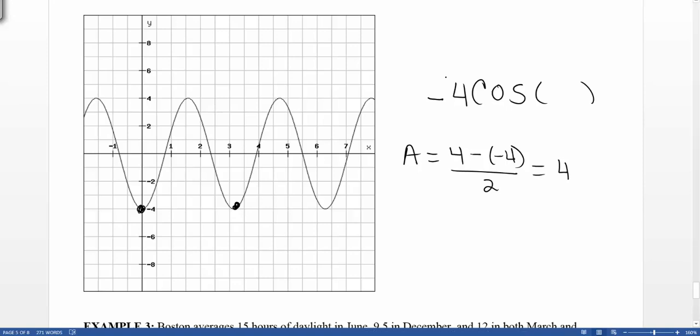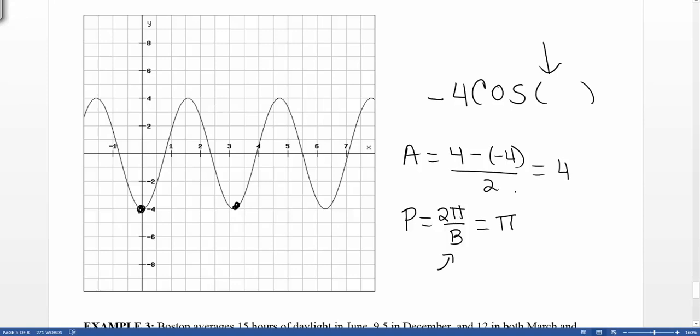Now, in this one, remember that our formula for the period is 2 pi over b. And b is what we normally plug in to our function. Looking at this graph, I'm pretty confident that my period is pi because it ends a little bit past 3.